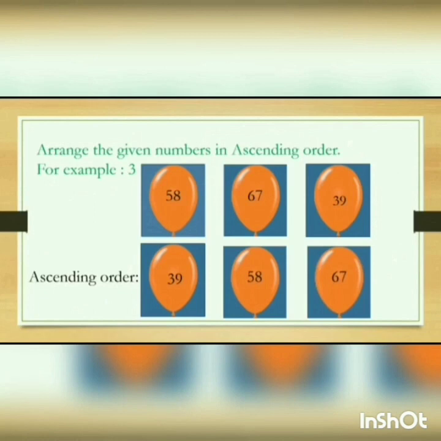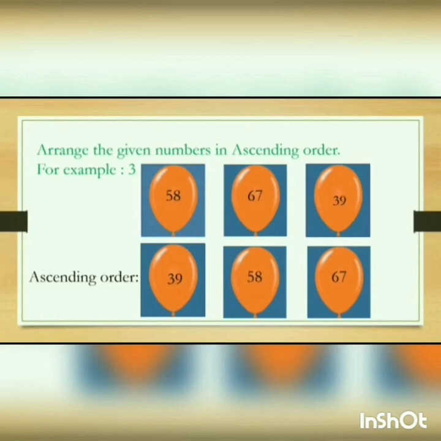Arrange the given numbers in ascending order. For example, some numbers are given here. Let us read the numbers: 58, 67, 39. Very good. We have to arrange these numbers in ascending order.